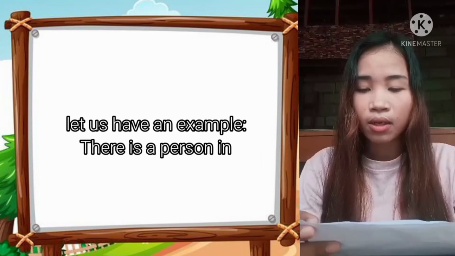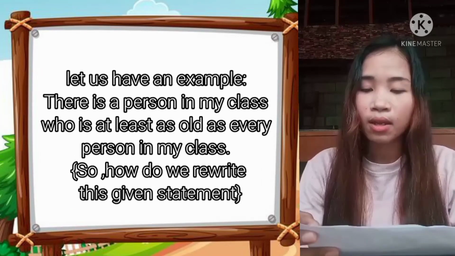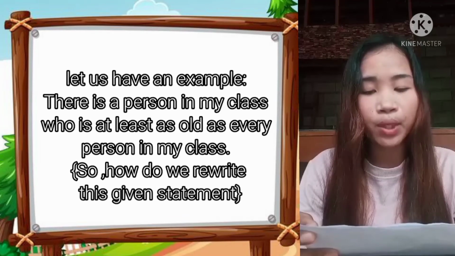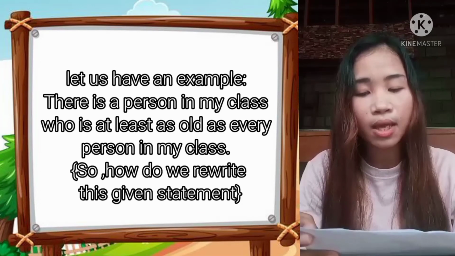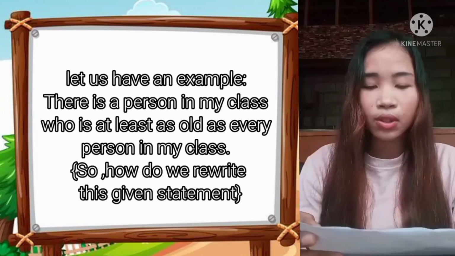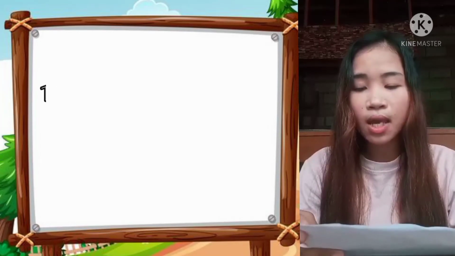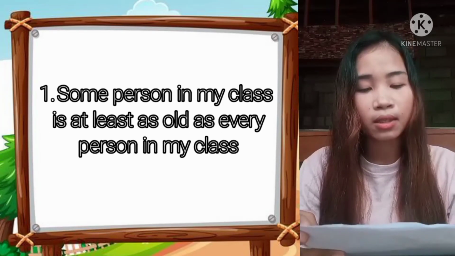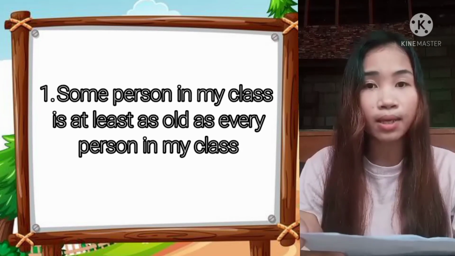Okay? Let us have an example. How do we rewrite it? There is a person in my class who is at least as old as every person in my class. So how do we write this given statement? First, some person in my class is at least as old as every person in my class.